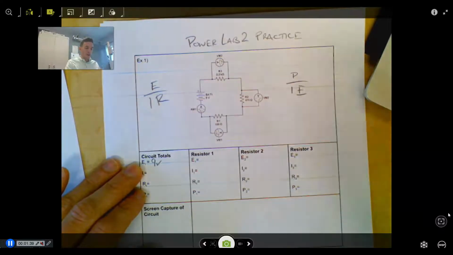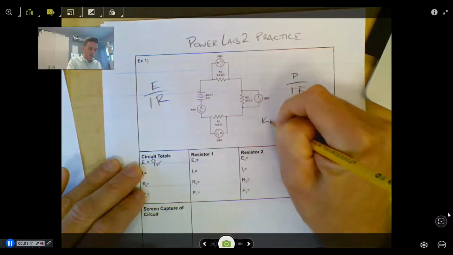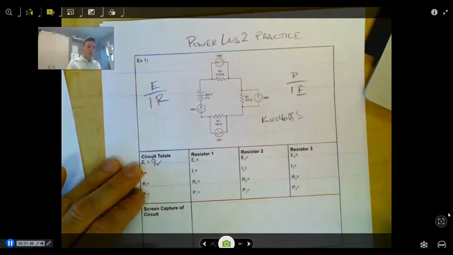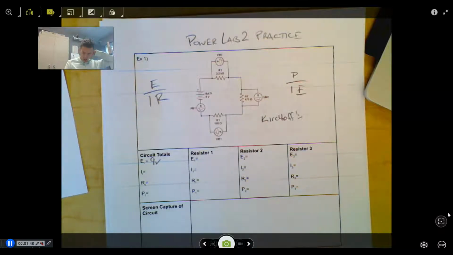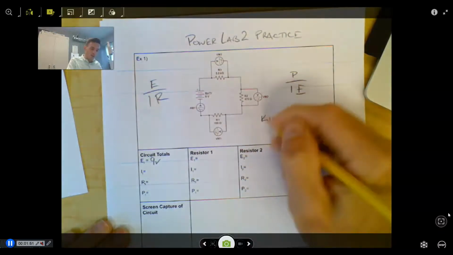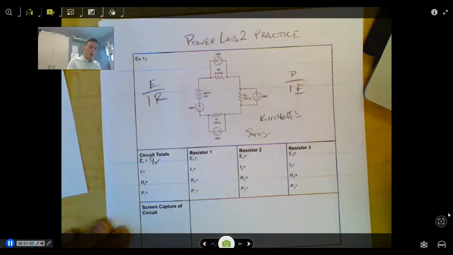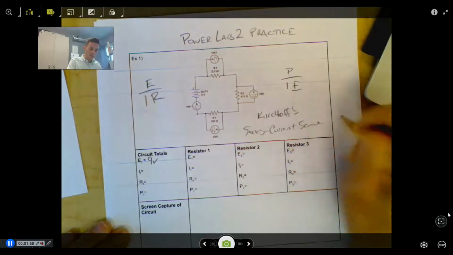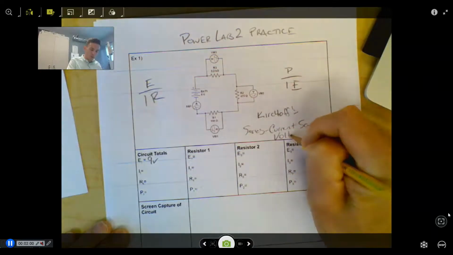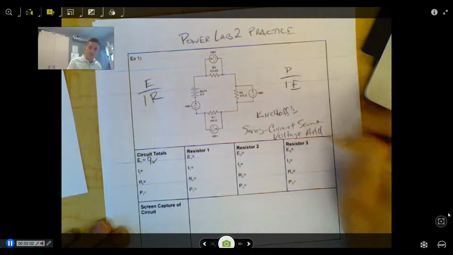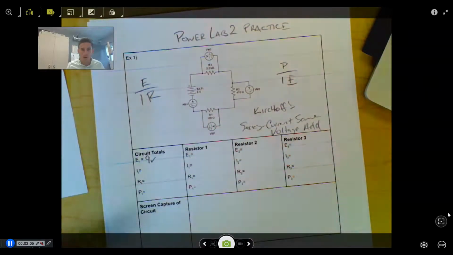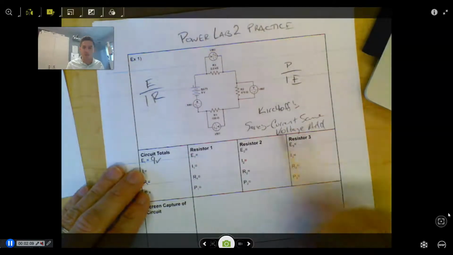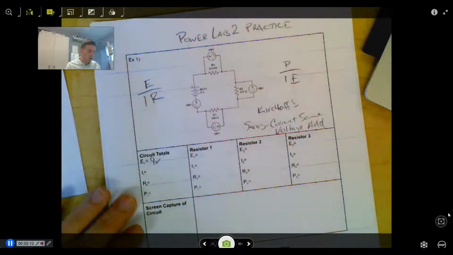We also know that according to Kirchhoff's law, in series, my current is the same and my voltage will add up. Okay, so I need to remember that. So I can't just write 9 volts across everything because the voltage is the thing that's going to change.